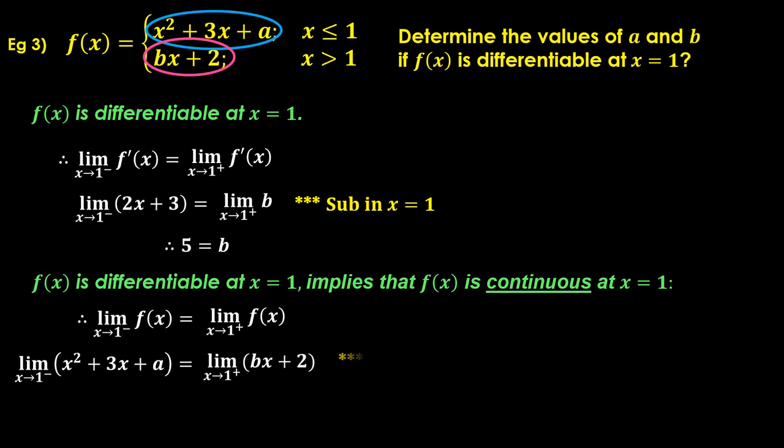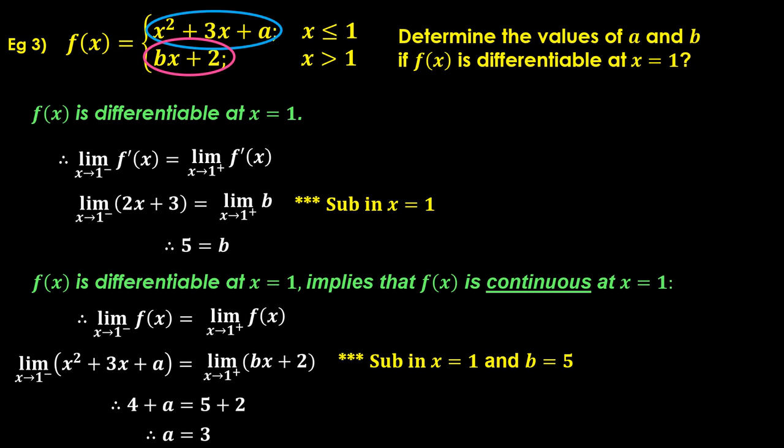Well, we know that b is equal to 5 and x is equal to 1, so we can substitute those values in, and we end up with 1 plus 3 plus a, or 4 plus a, is equal to 5 plus 2. And if we take 4 over to the other side, it ends up with a is equal to 3. So we've managed to determine the values of a and b.